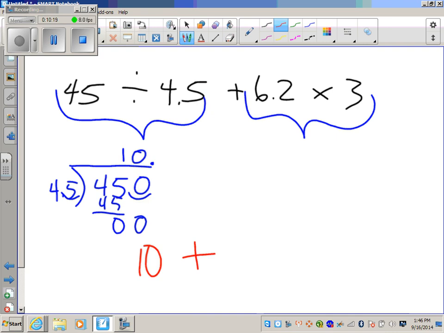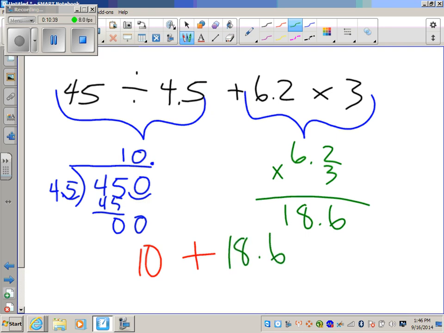10 plus, well, I need to now do 6.2 times 3. Do I line up the decimals when I multiply? No, because I take care of them at the end. 6 times 3 is 18, one decimal place, so 10 plus 18.6.